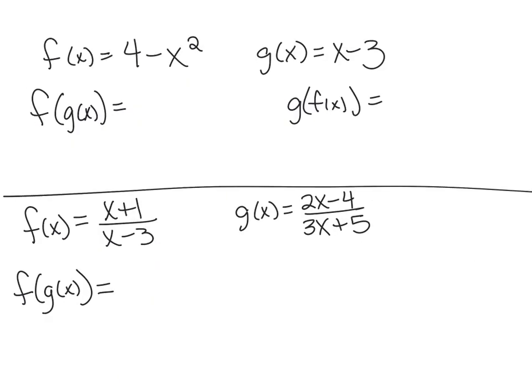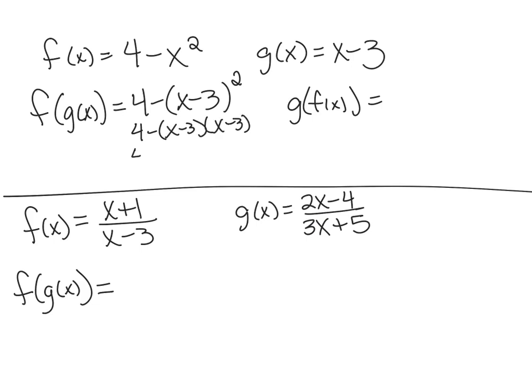Okay, some more examples. Here we have f on the outside. F is defined as this, and we're going to cram the g, which is defined as this, into the f. So f says 4 minus something squared. The something is that, x minus 3 times itself.